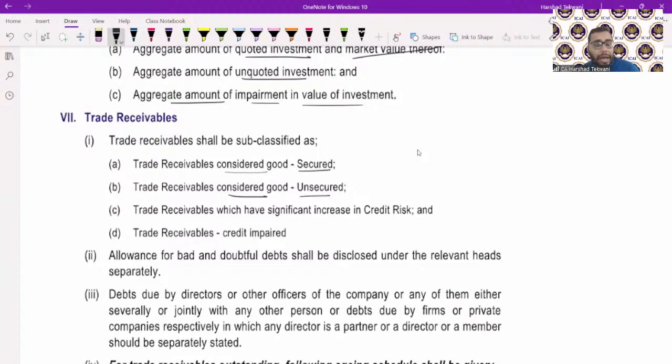Then the third is those which have a significant increase in credit risk, and credit impaired. Over there we were talking about doubtful. Here there is a bit of change in terminology, but things are the same. Credit impaired means they are already gone. So: secured, unsecured, significant increase in credit risk, and credit impaired.